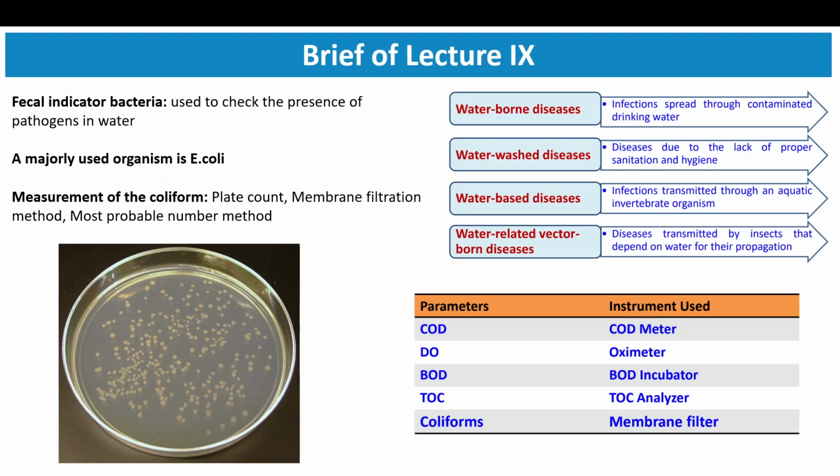Now let's move forward with another parameter, which is microorganisms. There could be a number of waterborne diseases and water related diseases. For example, waterborne disease can occur because of the presence and spread of infections by contaminated drinking water. Then it could be because of diseases which result from a lack of sanitation and hygiene, right?